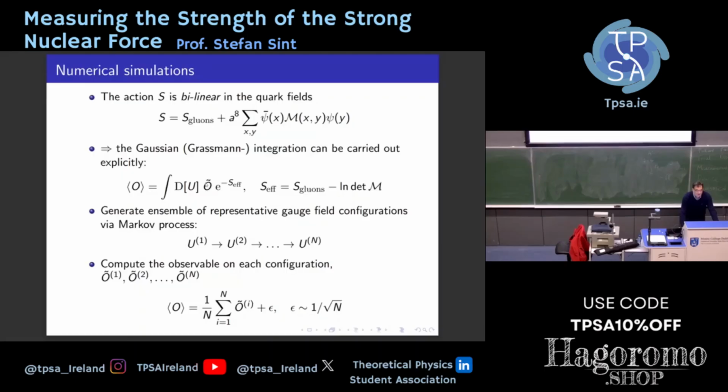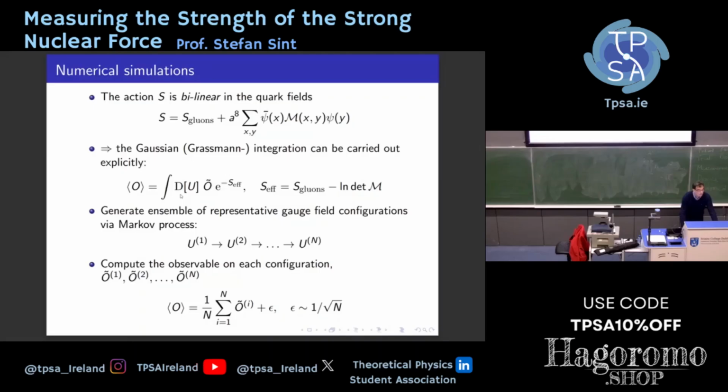And you have O, the observable. If it contains fermion fields, it has to become a function of the gluon fields only. So this O tilde is the effective description of the observable after integration over all the fermion fields.